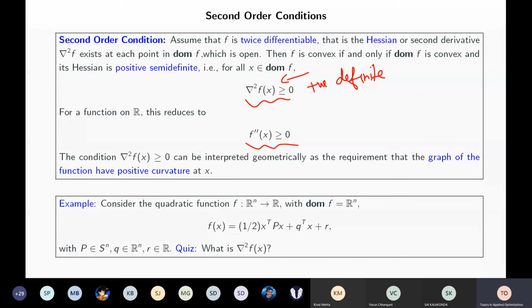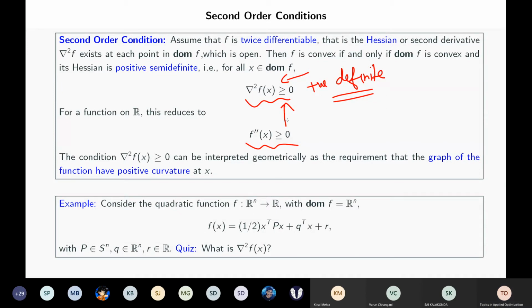Two matrices may be greater than or equal to 0, but still you cannot say which matrix is bigger than the other, right? That's the problem. There is no ordering there, so we cannot talk about that. But the extension of positiveness in the real-valued case is positive definiteness. Okay, so it's a positive definite matrix.